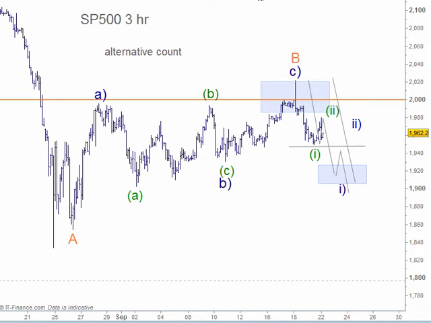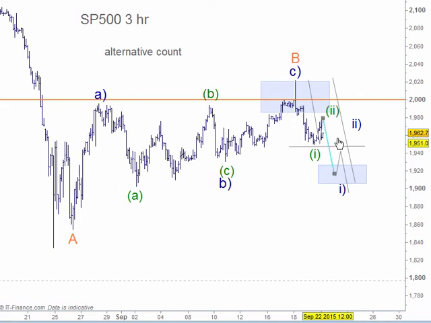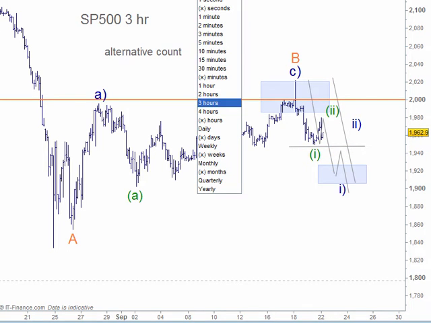So far we've got up in wave 2 here, we've only got 5 waves up that we just looked at. So we could call that the A wave.